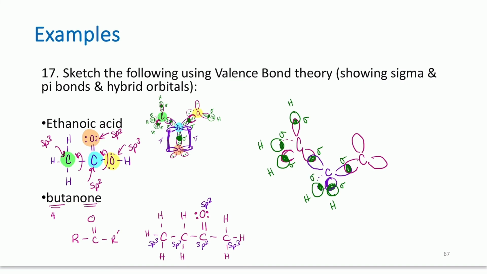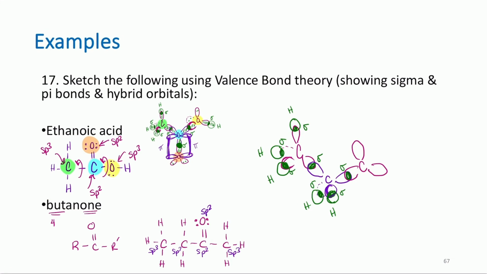These are sigmas. This third carbon is sp2 hybridized. It has a sigma bond to a carbon and a sigma bond to a carbon on the other side, as well as a sigma bond to oxygen.